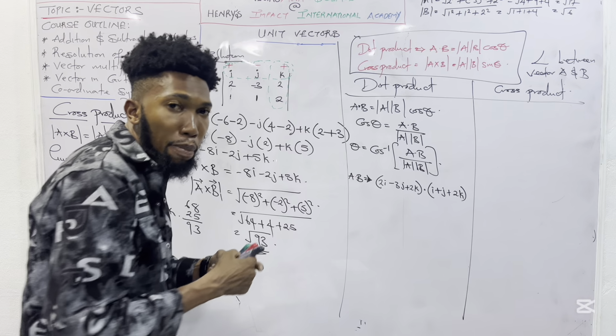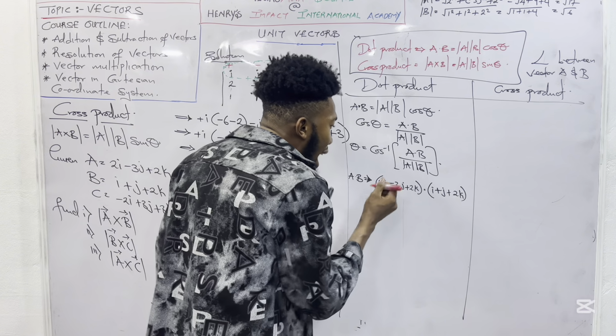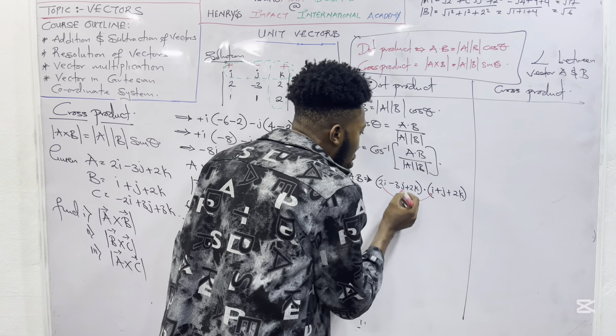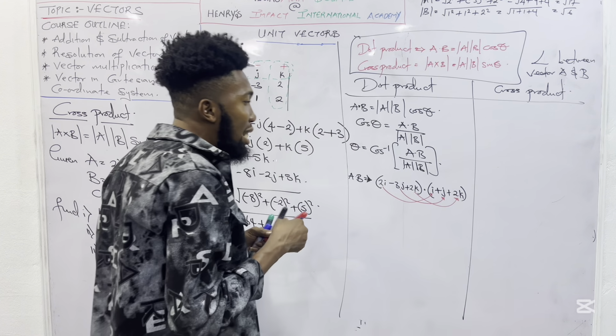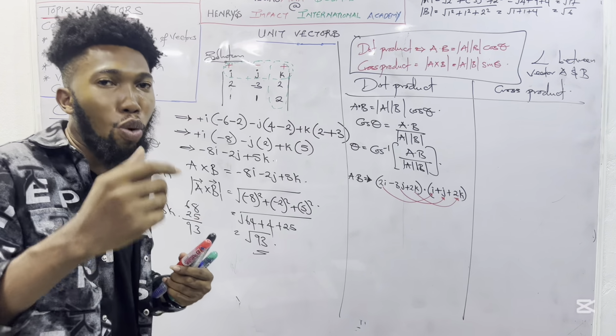So how did we say we're multiplying? We said I goes with I, J goes with J, and K goes with K, because non-identical unit vectors multiplication will always be equal to what?